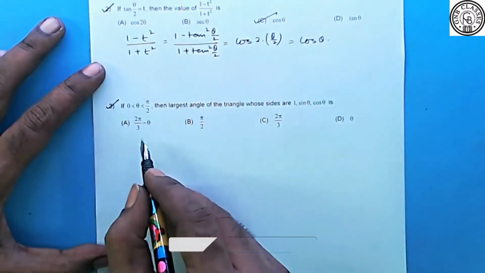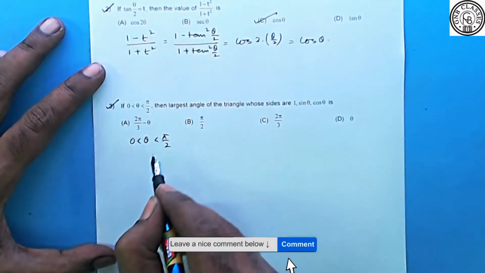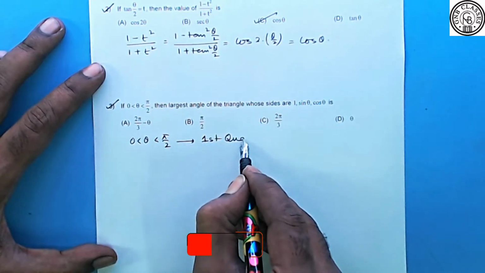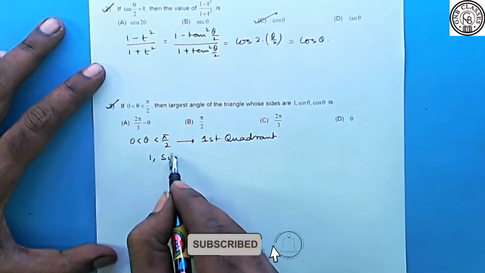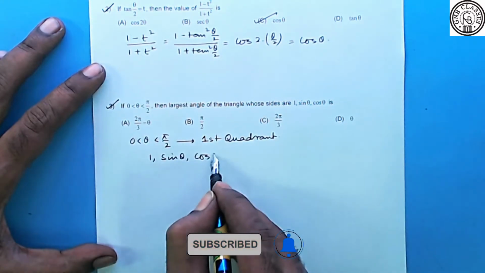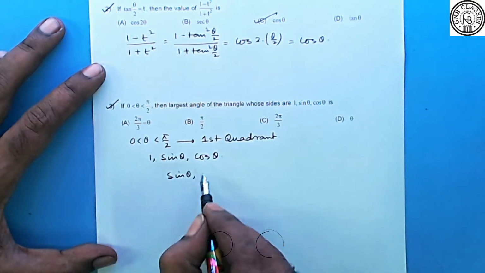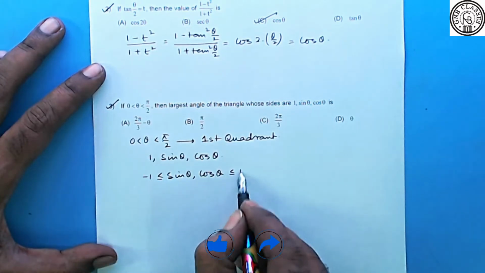For the third sum, as theta is lying between 0 and pi by 2, that is, theta is in the first quadrant. The sides are 1, sin theta and cos theta. So we know that sin theta and cos theta both lie between minus 1 and 1, right?